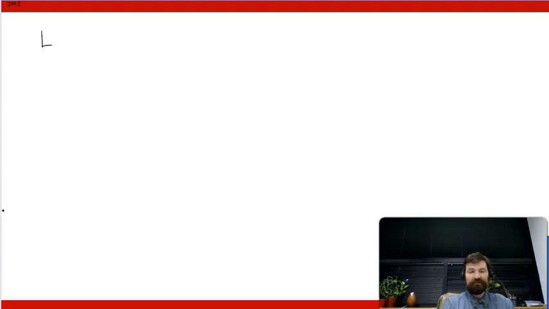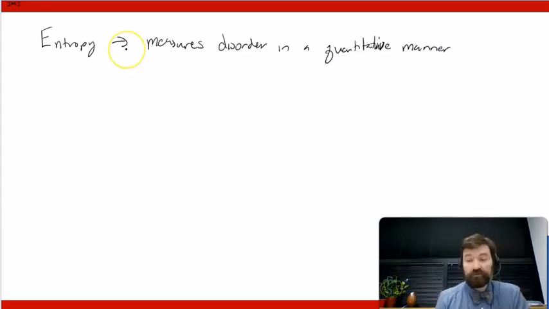So we have this concept called entropy, which basically measures how orderly or disorderly our system is. So entropy is your quantitative measurement of disorder. The more entropy you have, the more disordered your system is.